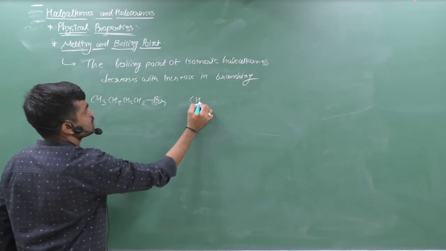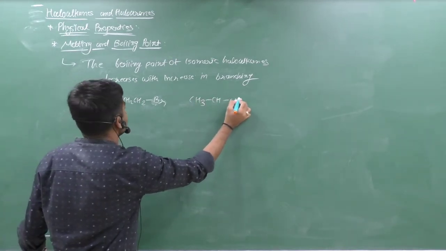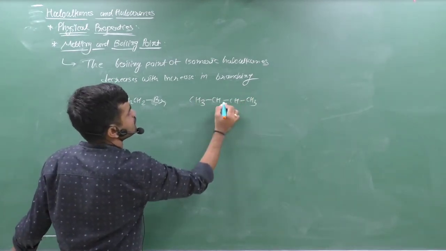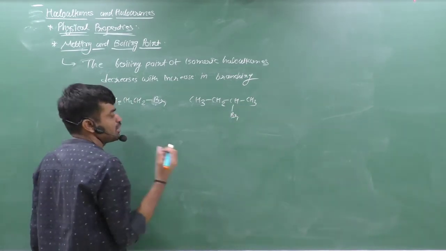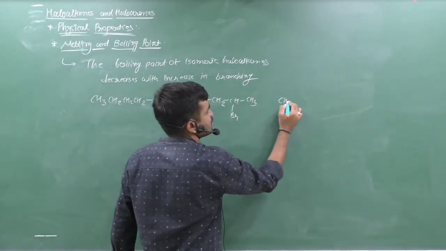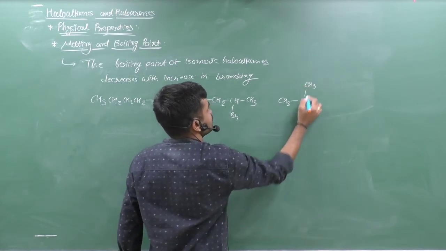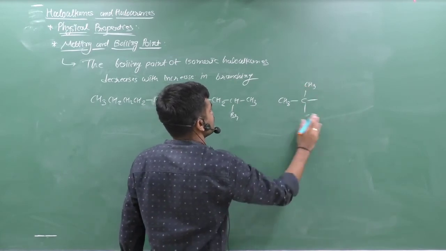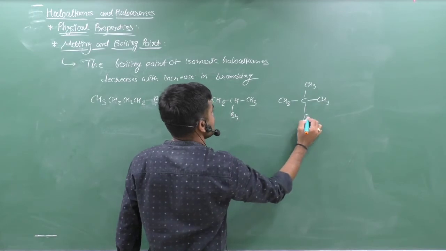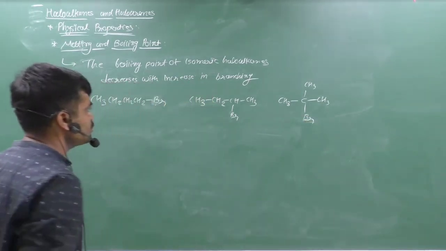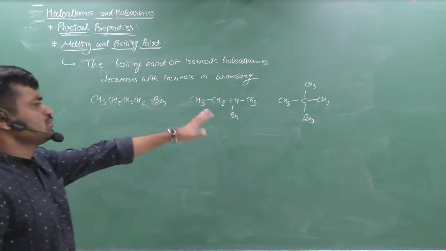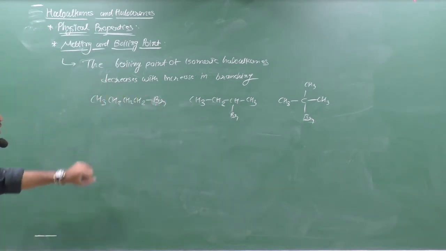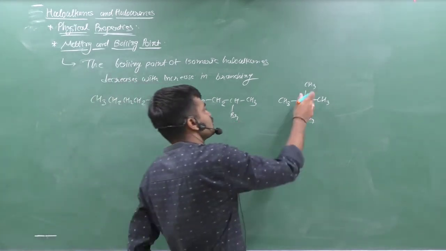Then CH3CHCH3 with bromine has one branch, and then CH3, CCH3, CH3 with Br has two branches. Clear? Sorry, it is not iso, but the branching increases. Here one branch is there, here two branches are there.